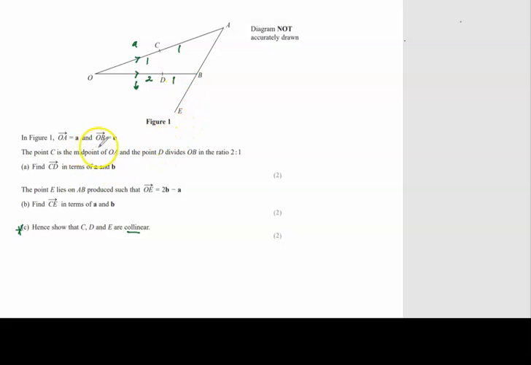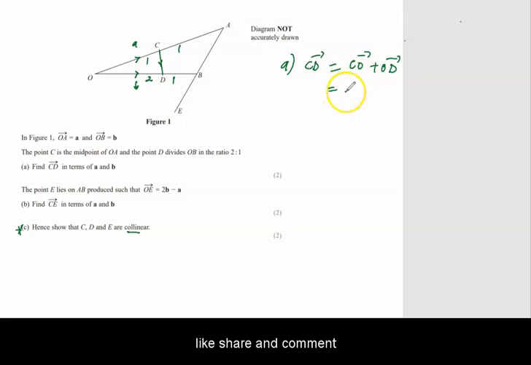The first question we have here, part A, is asking us to find CD. If you can see from our definition of vectors, moving from C to D, this is the vector over here, C to D. We are going to move from C to O and then O to D. But C to O is the negative of OC, plus OD.